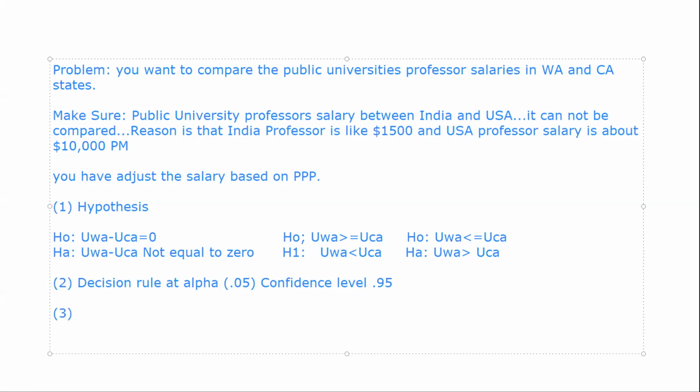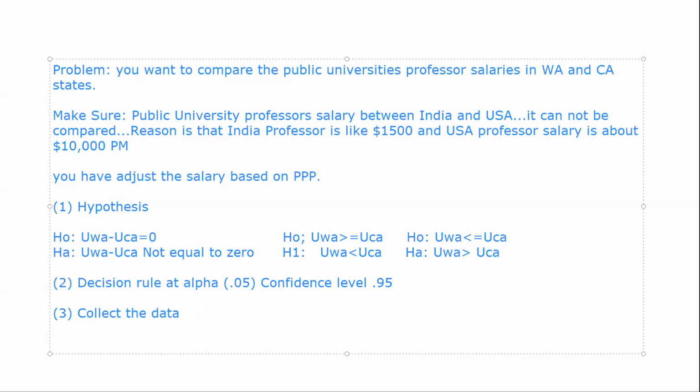What is the third step? In the third step, you are going to collect the data that has already been provided with the assignment. So you have the data ready-made, and you are just going to include the data in Minitab and run the hypothesis testing. How can you collect data? You can get it from open sources. Nowadays, government data is openly available.